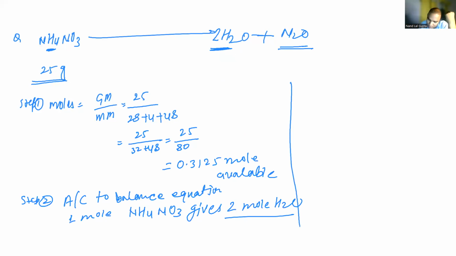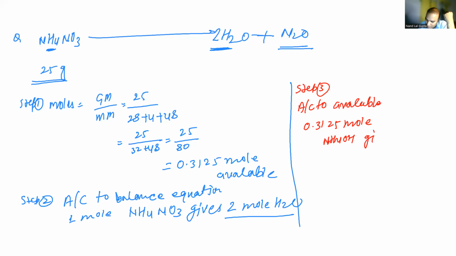Next is step number 3, according to available. According to available, how many? So 1 mole to 2 mole. So with 0.3125 mole available, NH4NO3 gives 2 into 0.3125 mole H2O.